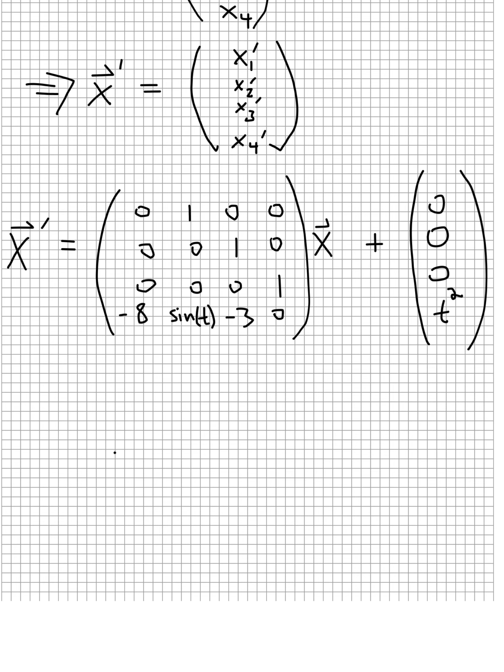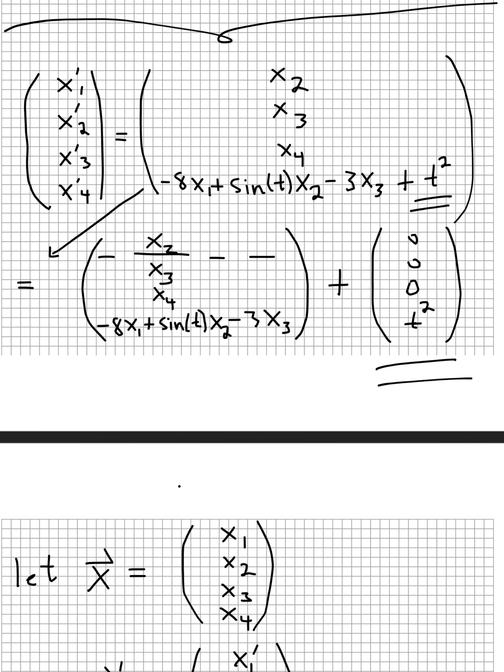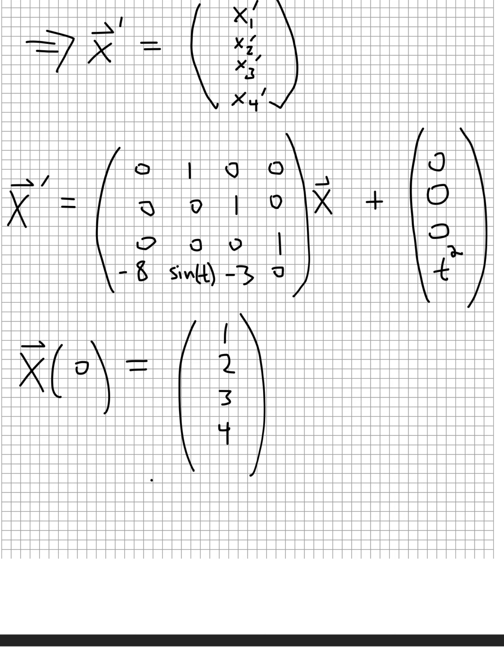Now we have to include the IVP, which will simply say that in our column of unknowns, the IVP has to be 1, 2, 3, and 4, which corresponds to x1 of 0 equals this, x2 of 0 equals 2, x3 of 0 equals 3, as you guys remember from before. Okay? And this will complete the problem. This is how you finish writing out the system.